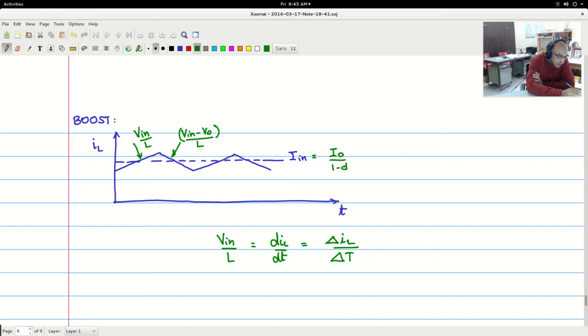Now delta t in this case for this period is dTs. So we will say delta IL by dTs.